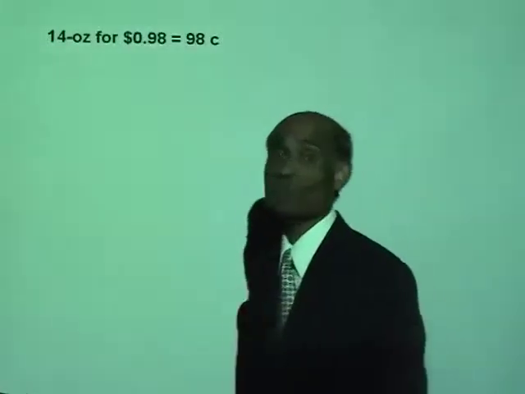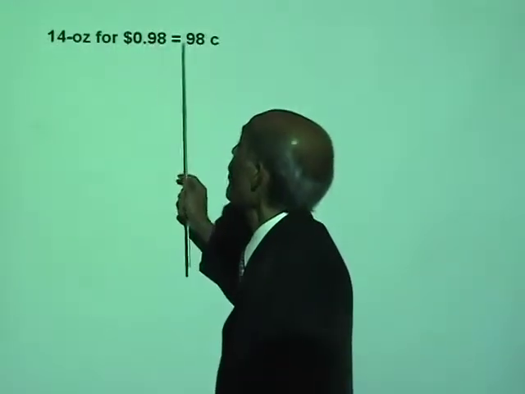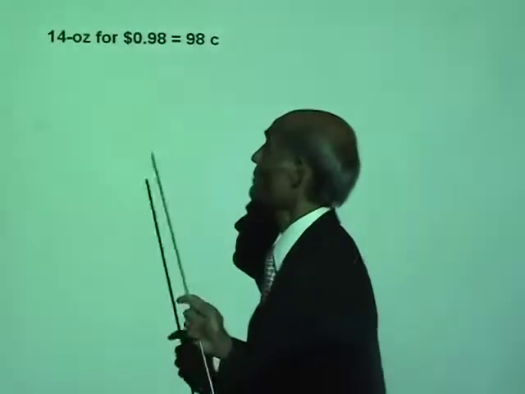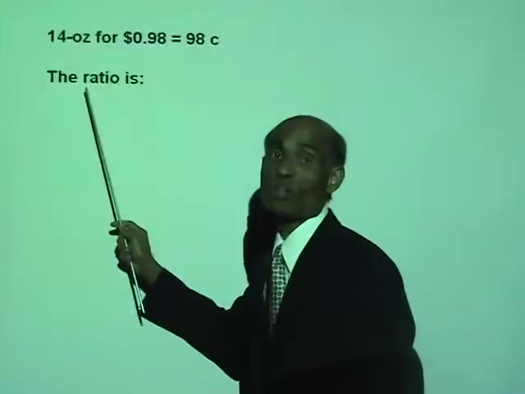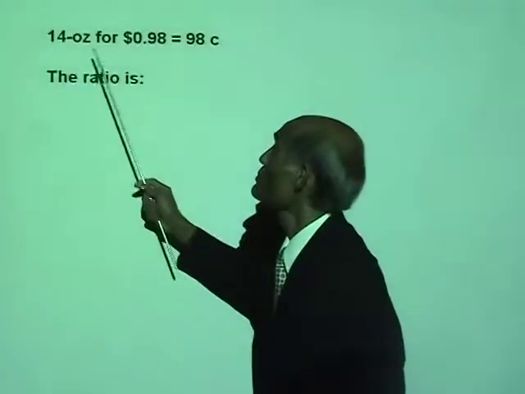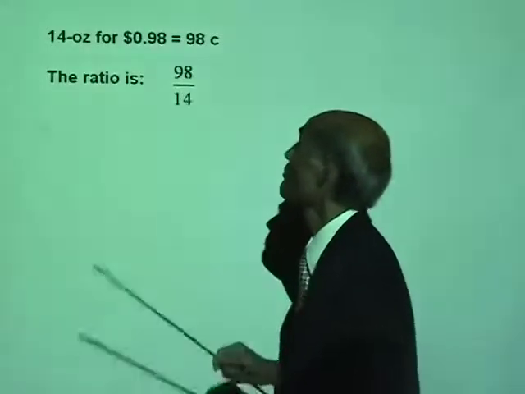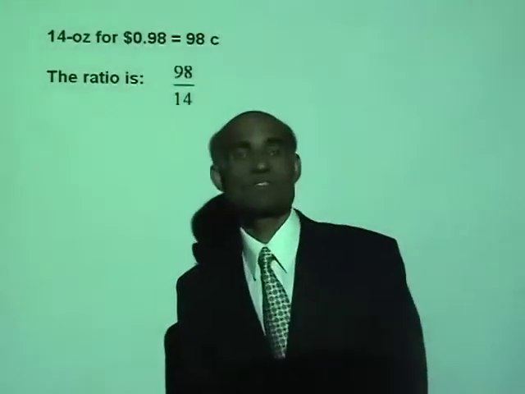Alright, let's start with the first one. The first one is 14 ounce for 98 cents. So what's the ratio? Take the ratio of cents to ounce. That will be 98 cents divided by 14 ounces. Can you simplify that?